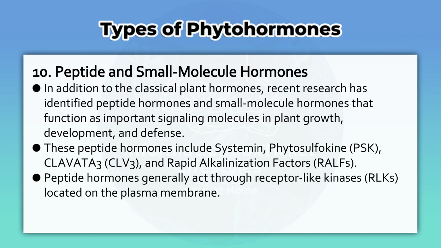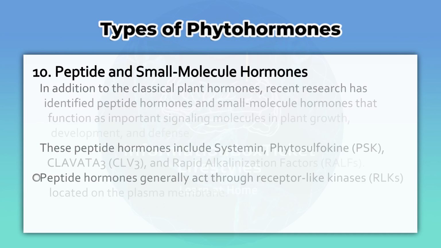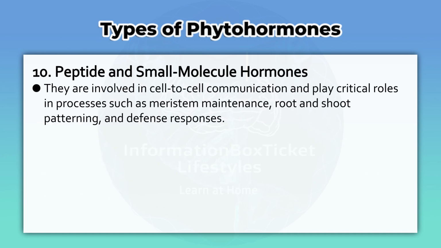Peptide hormones generally act through receptor-like kinases, RLKs, located on the plasma membrane. They are involved in cell-to-cell communication and play critical roles in processes such as meristem maintenance, root and shoot patterning, and defense responses.